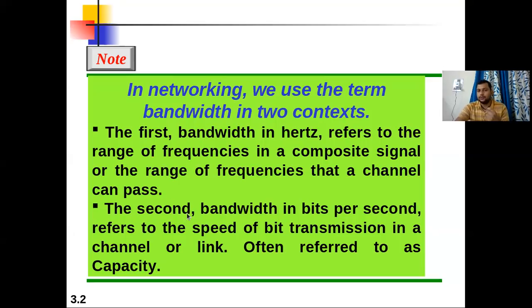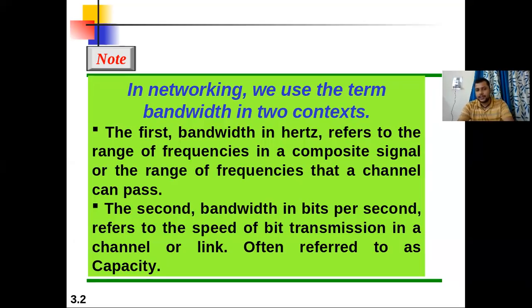But as computer and network engineers, people generally attribute a wire or any medium in terms of its bits per second as bandwidth, and that is also referred to as the capacity of that channel. What is the maximum bits per second transmission speed that wire or channel or medium can withstand? That is called the bandwidth.